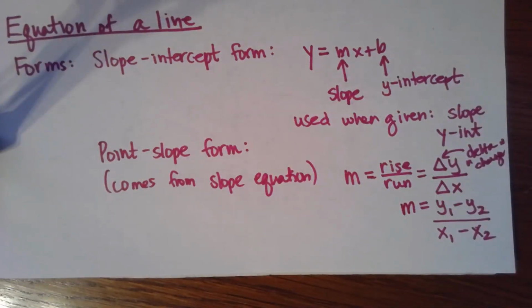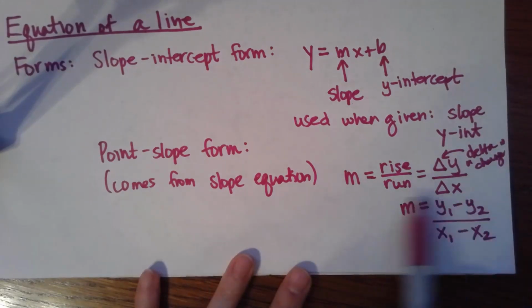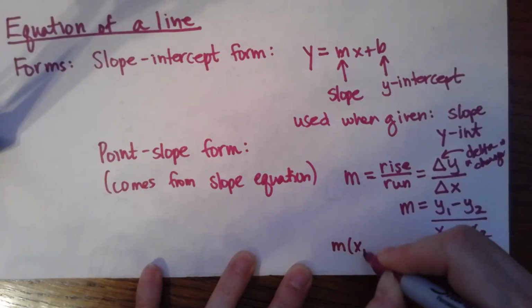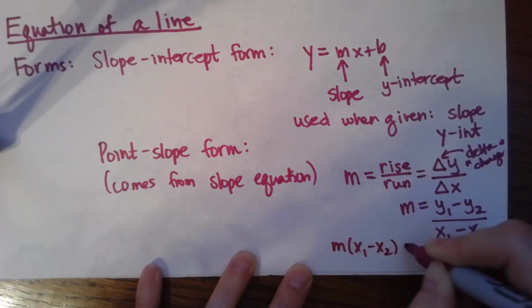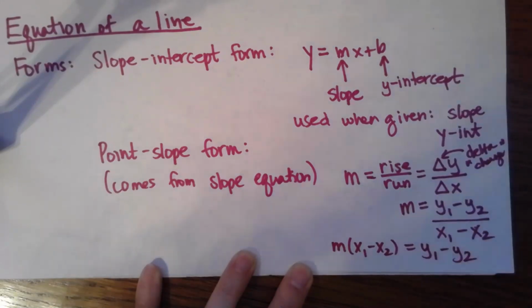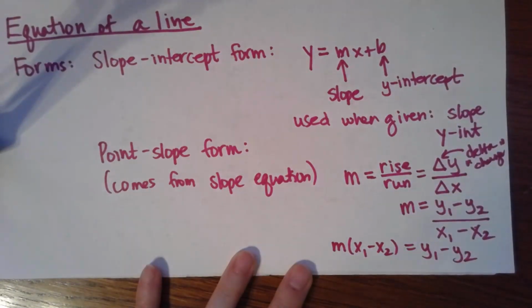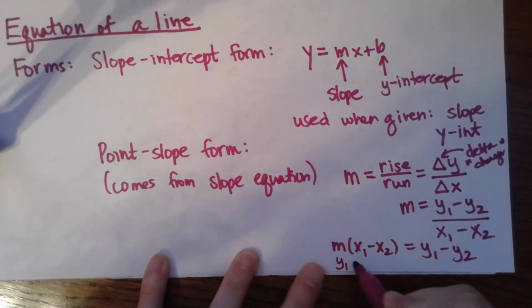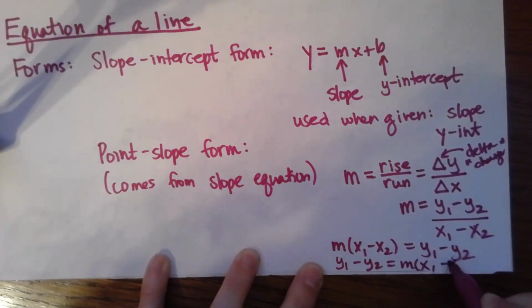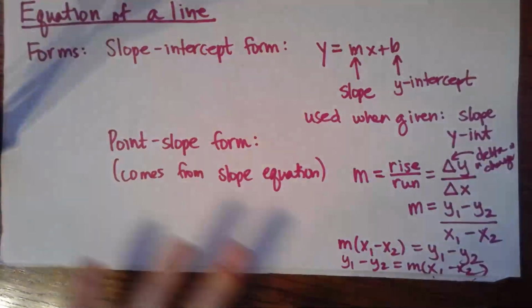So notice if I wanted to take this and clear fractions, I would multiply both sides by x1 minus x2. On the left side I would have m times x1 minus x2, and on the right I would have y1 minus y2. And I could just change that around and have y1 minus y2 equals m times x1 minus x2 because of the symmetric property of equality.